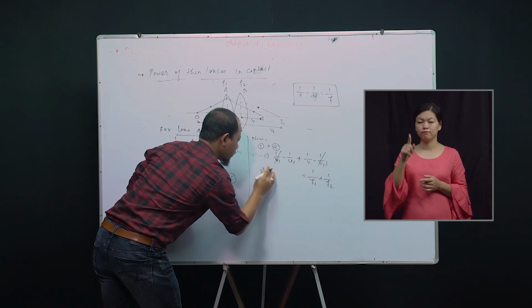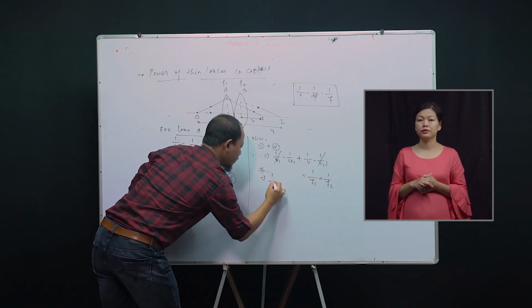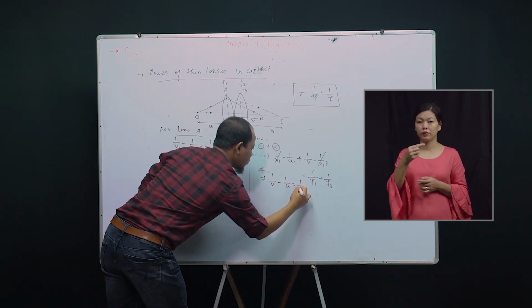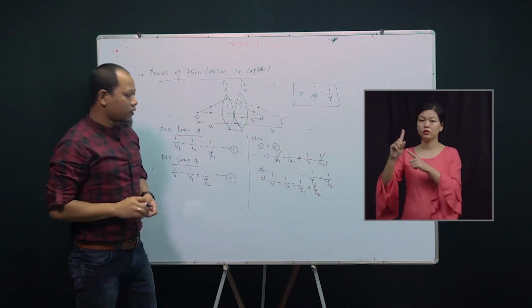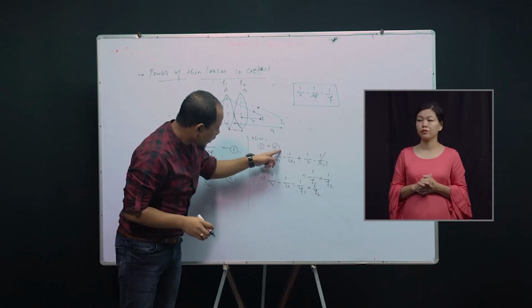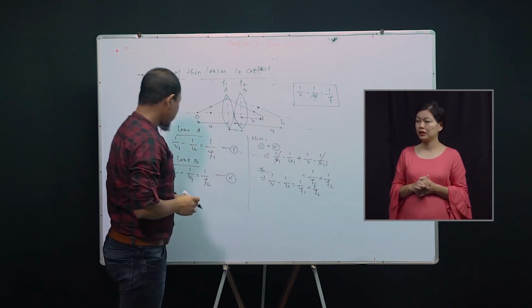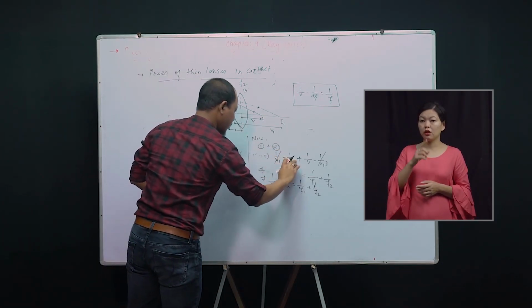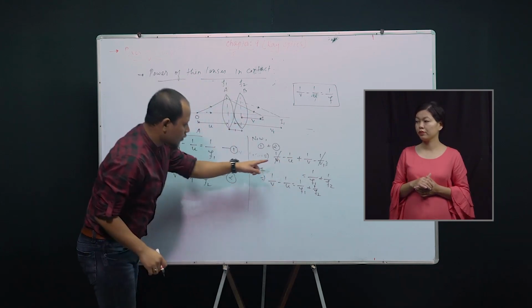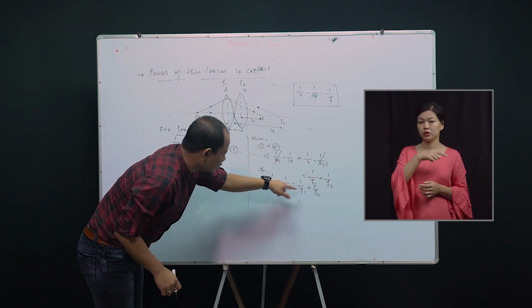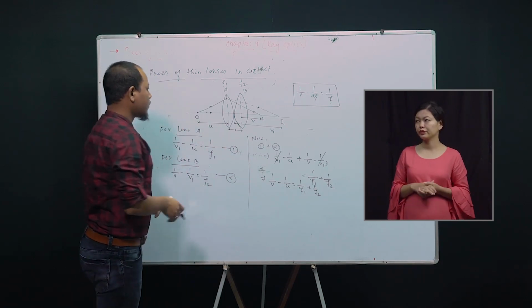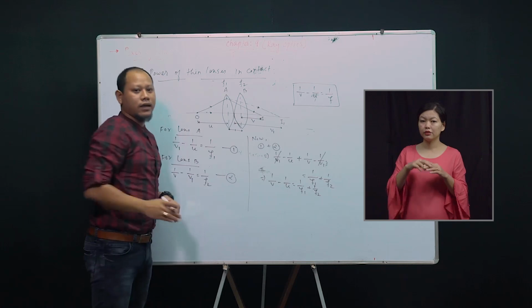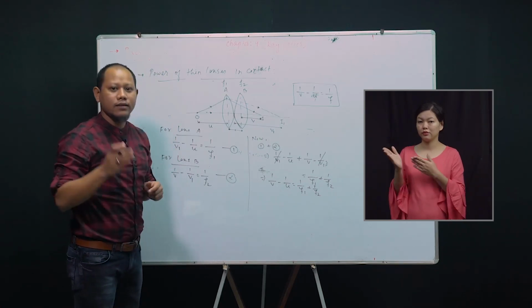So now my equation reduces to 1 by V minus 1 by U equal to 1 by F1 plus 1 by F2. Sorry, by mistake I wrote U1; it is only U. Now if I consider these two lens system as a single lens having focal length f.